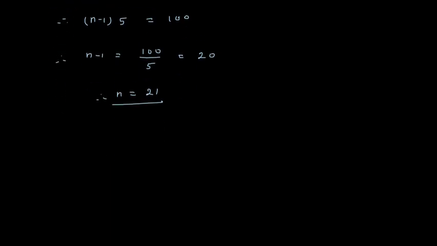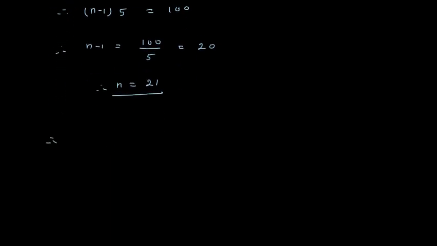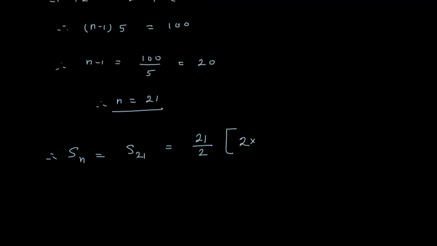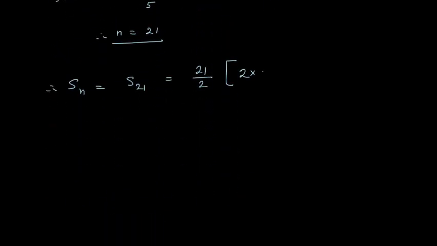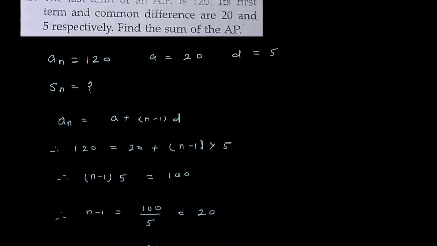I have to find the sum. So S_n is equal to S21, which is n divided by 2, 21 divided by 2, into 2 into a. The value of a is 20, plus n minus 1, that is 20, into the value of d we have, 5.